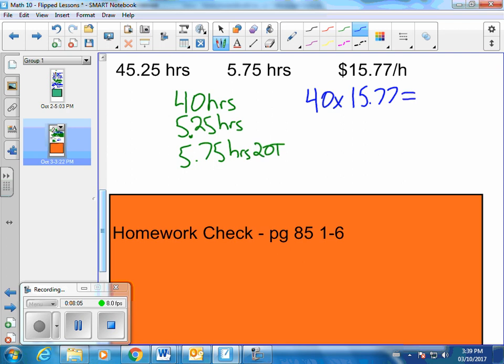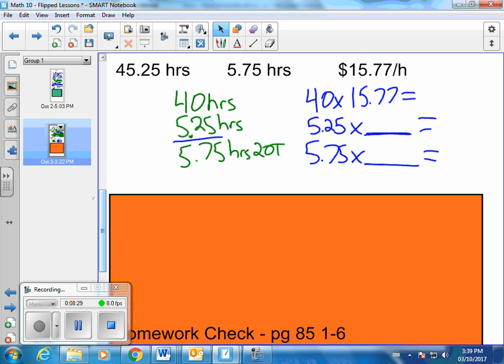I know that during the 5.25 hours of overtime during the week, he's going to be getting an overtime wage. So we need to figure out exactly how much that is. I also know that he's going to be getting 5.75 times another hourly wage. And we have to figure that out.